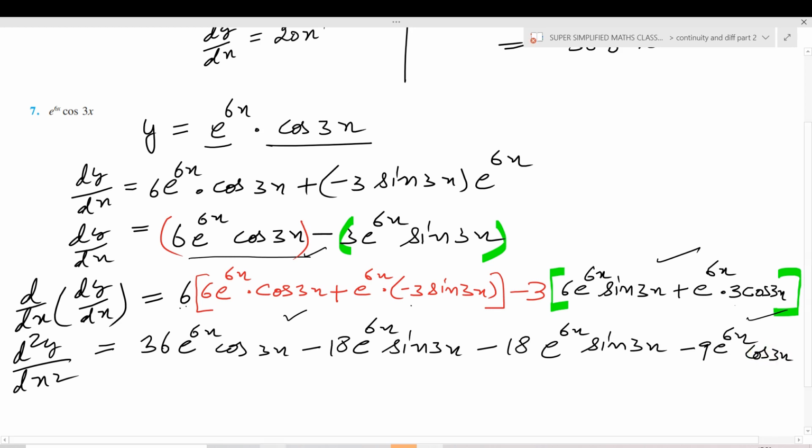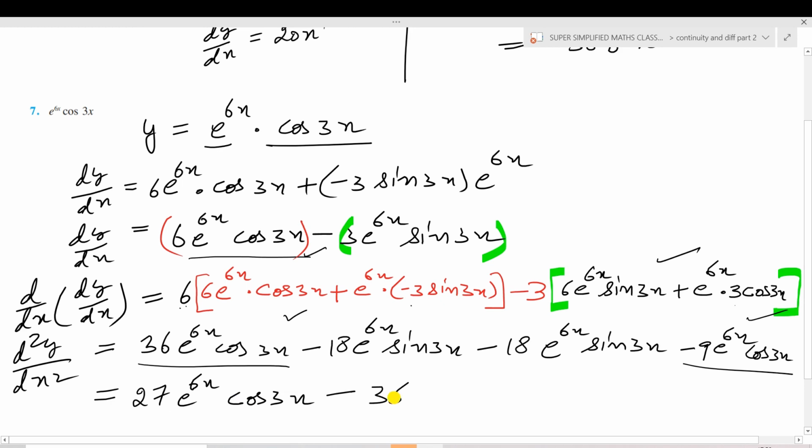Now we can see that we can add up the first term and the last term. 36e^6x minus 9e^6x becomes 27e^6x cos 3x and minus 18 minus 18 becomes minus 36e^6x sin 3x.